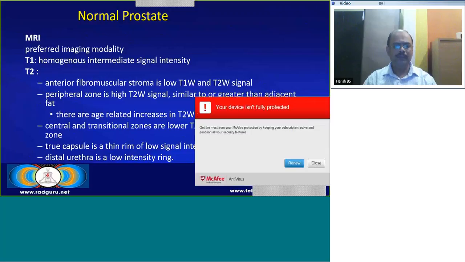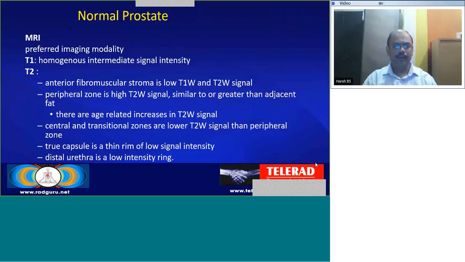Peripheral zone is T2 hyperintense, similar to or greater than the adjacent fat. Then there is age-related increase in T2 weighted signal. The central and transitional zones are of lower T2 signal than the peripheral zone. The true capsule appears as a thin rim of low signal intensity, and the distal urethra is a low intensity ring.